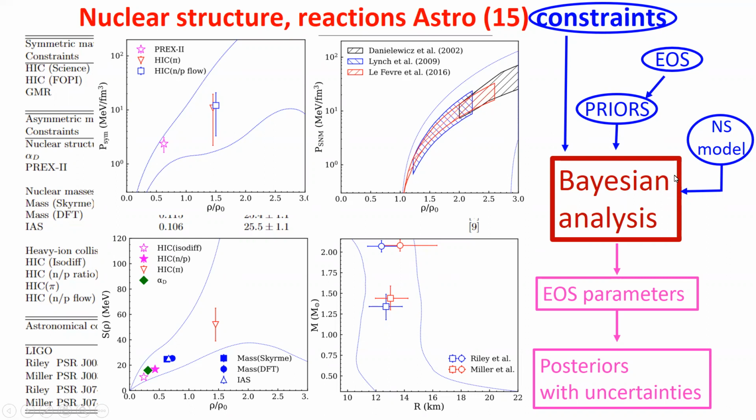The same goes for the neutron star model: you see that we only plot to 3 rho 0, because we believe that we need improvement in the neutron star model also. What I want to emphasize is that you can change many ingredients in this method. If you have a new constraint, put it in. If you don't like a certain constraint, take it out. You can use a different equation of state, which we have not tried yet. And you can also improve your neutron star model.